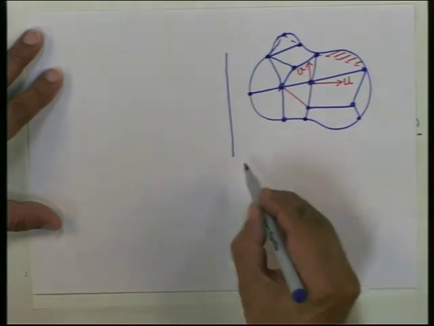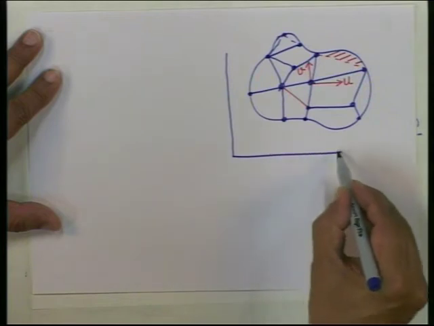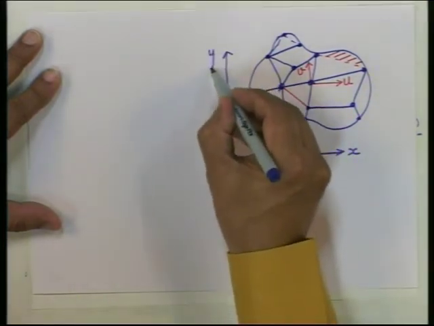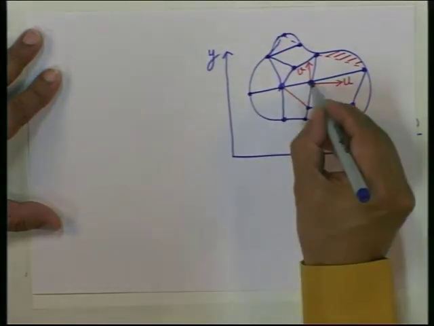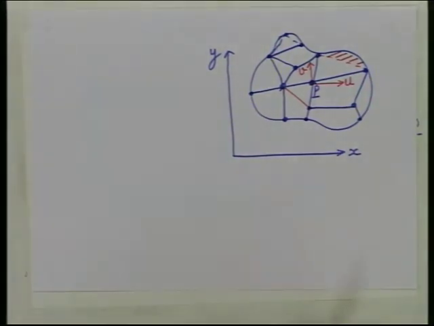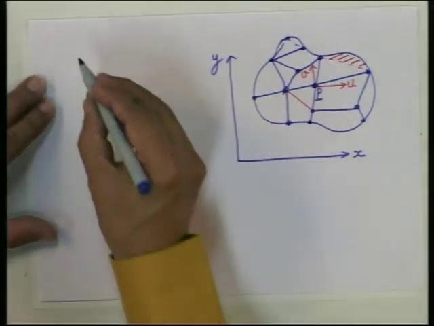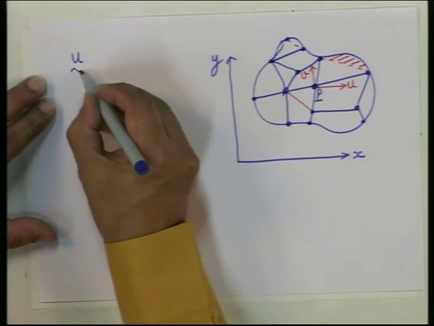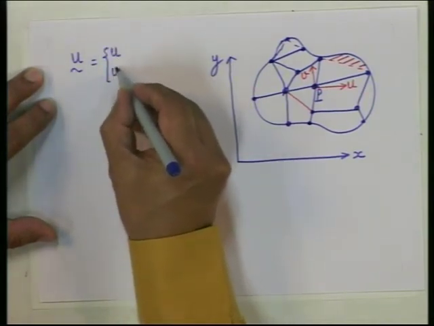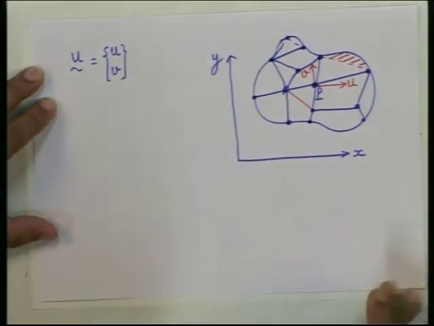So, every particle p has got a displacement, it can move only in the plane, u and v. So, the displacement vector here consists of only 2 components, not 3 components.